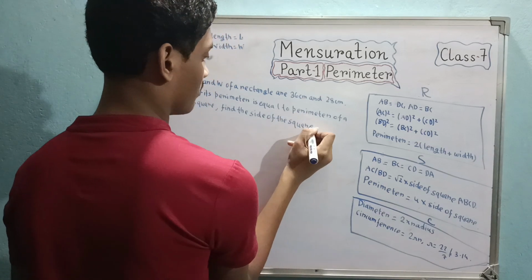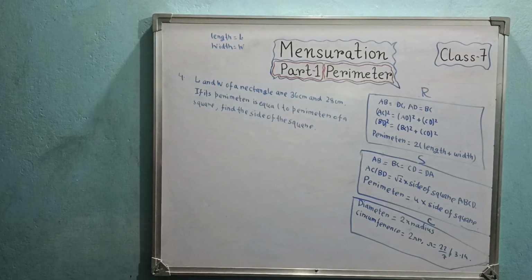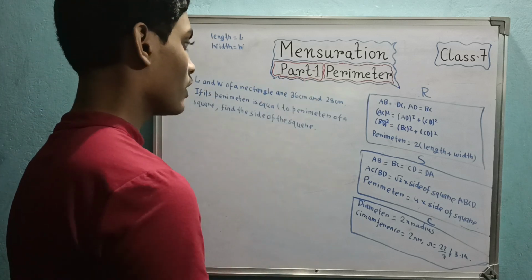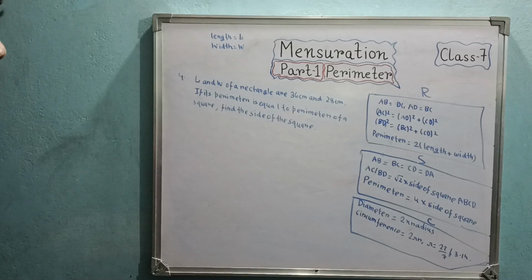Step by step. Let's see. We have been given the length and width. These are the values. Now, what is its perimeter first of all? They are making a debate about the question with its perimeter.